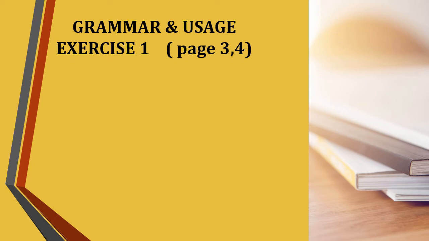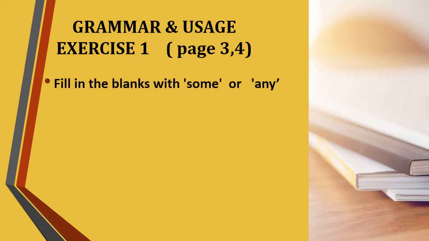Here comes our grammar and usage book, exercise 1, page 3. Let me read the question for you. Fill in the blanks with some or any. The first sentence is, John has dash comics. What comes here? Some. John has some comics.